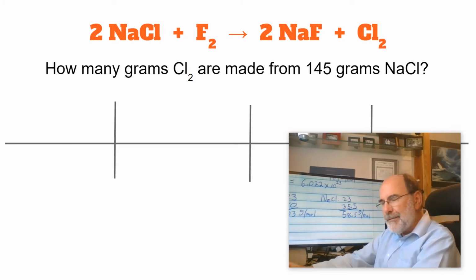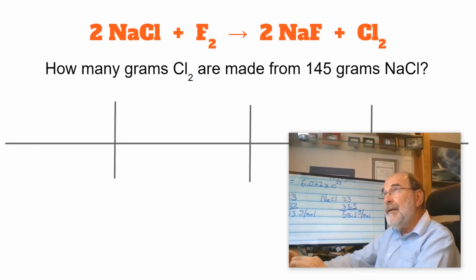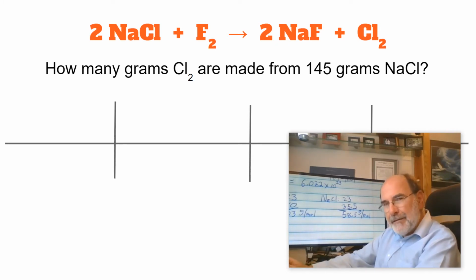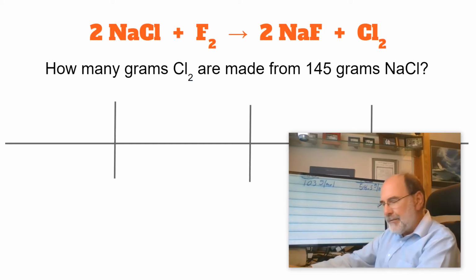Now, if I end up with something that's way different from that, then I need to be careful and go back and check and ask myself, well, did I divide when I was supposed to multiply? What did I do that is different from what I expected it to be? And I expect you to do this reasoning before you rely on your calculator so much.